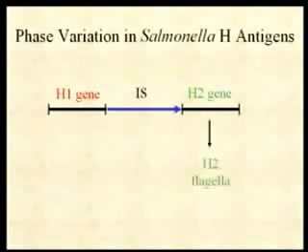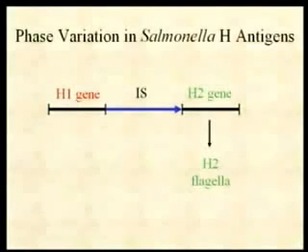If the insertion sequence is in one orientation, then one gene is turned on. So in this example, the insertion sequence is oriented in such a way that the promoter drives the expression of the H2 gene. And so this Salmonella expresses the H2 antigen on its surface. We get infected with that bacterium, and we start making antibodies against the H2 flagella.